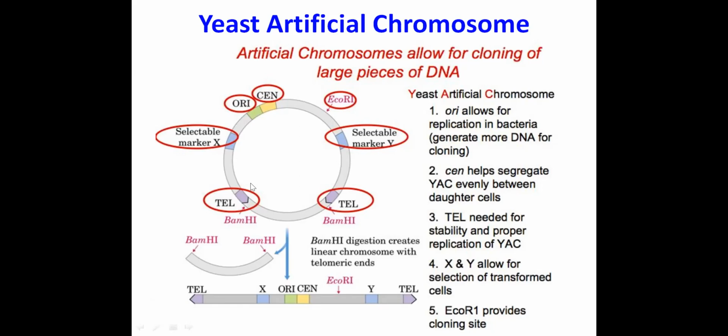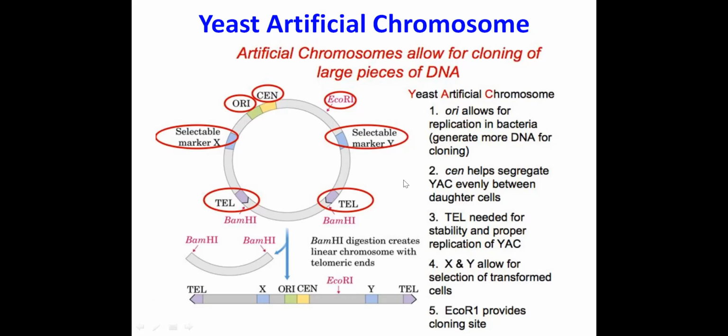Then there is a TEL gene. This is the gene responsible for the formation of the telomere. So this is needed for stability and proper replication of the large size artificial chromosome. Then there are selectable markers. It may be LacZ, it may be an antibiotic marker.